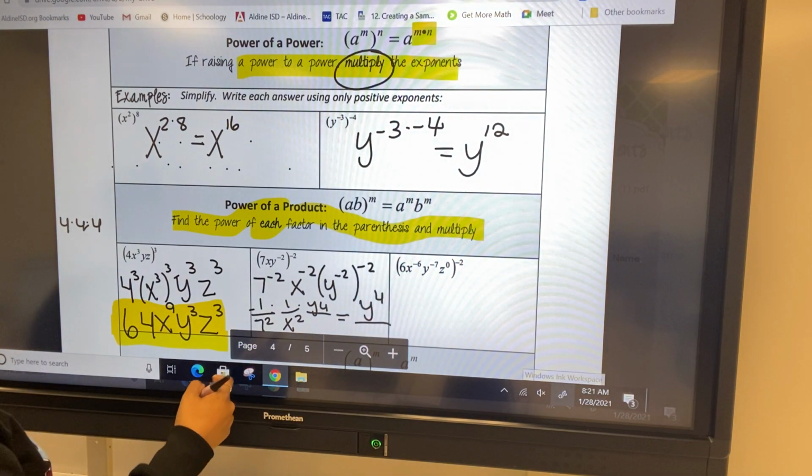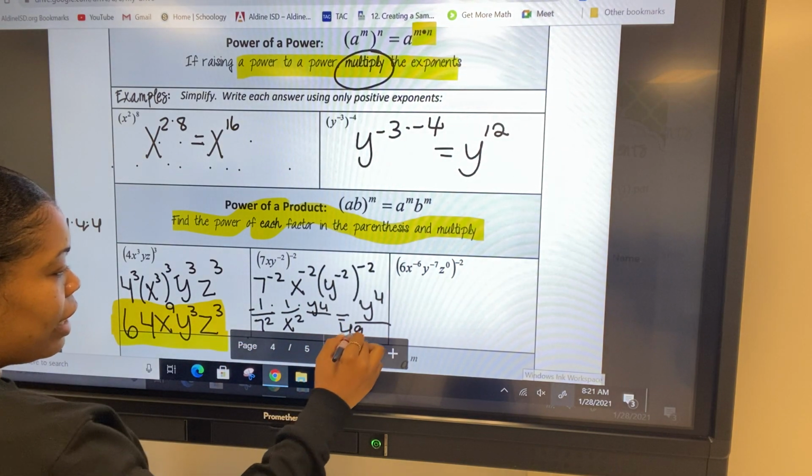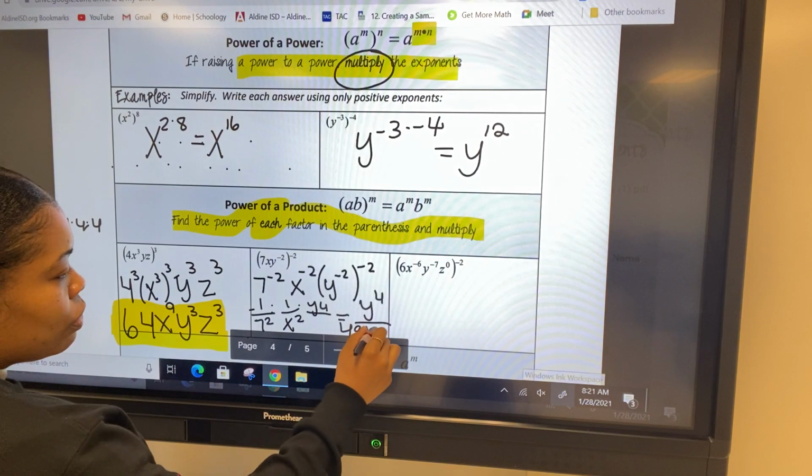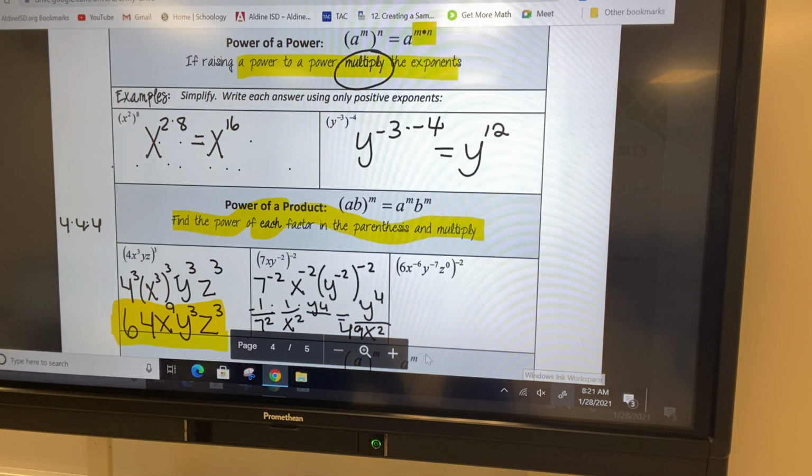And then on the denominator, 7 squared means 7 times 7. So that's 49. And then we have x squared. So then that would be our final answer. It's going to be y to the power of 4 over 49x squared.